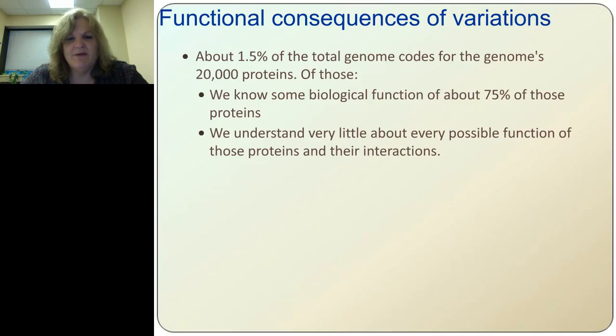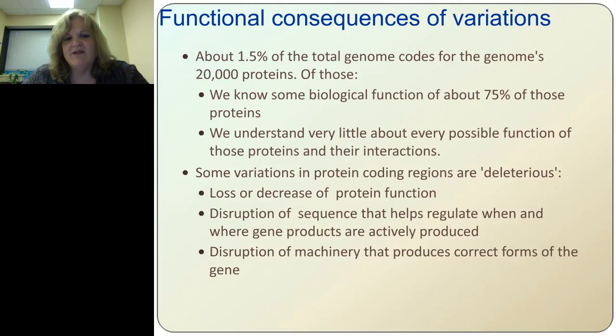If you want to look up her presentation about the differences in expression of some of these genes and how functionally they may differ between different tissues. So there's a lot of variation, again, that we don't understand. We don't know very much about every possible function of the proteins and interactions. And some variations in protein coding regions are deleterious, where there should be a loss or decrease of the protein's function, or that's predicted.